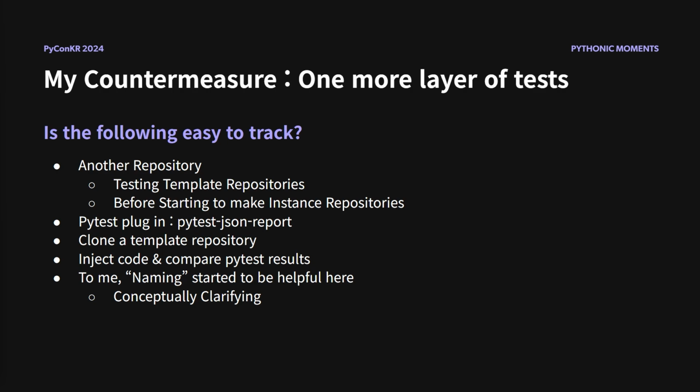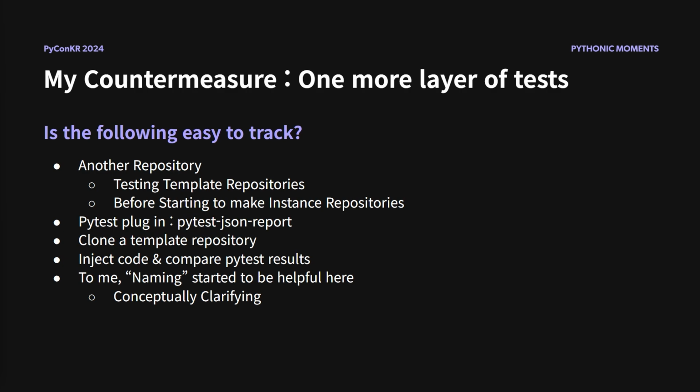And there's a pytest plugin, pytest JSON report, that will make a JSON report of the pytest results. It includes how many times the test was running, what the pytest log was, and whether each test passed or failed, something like that.